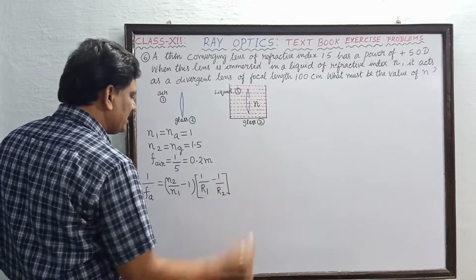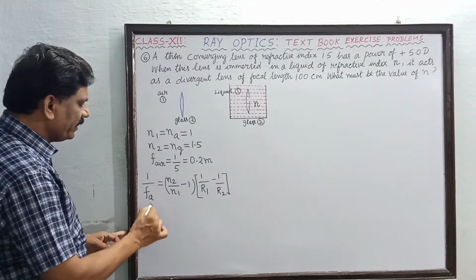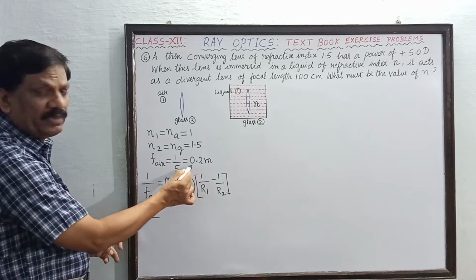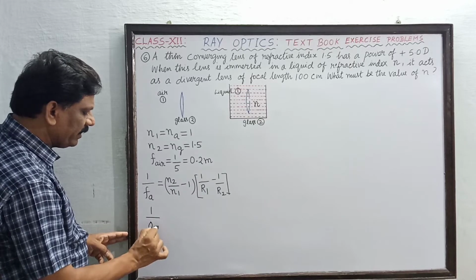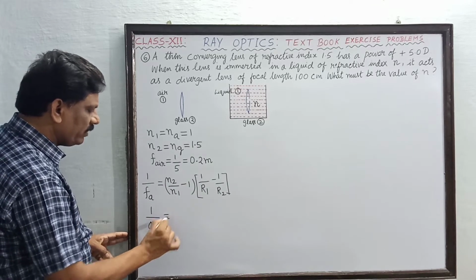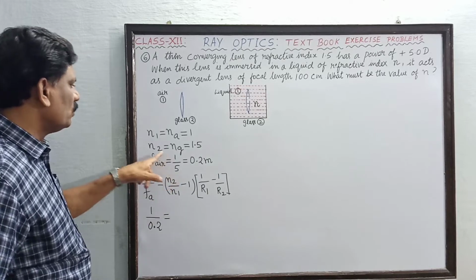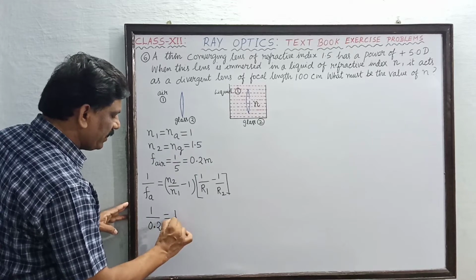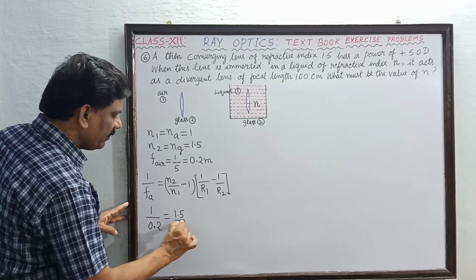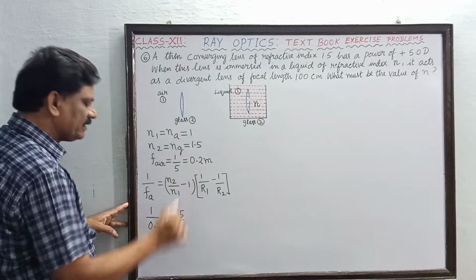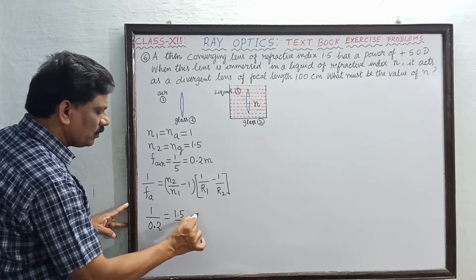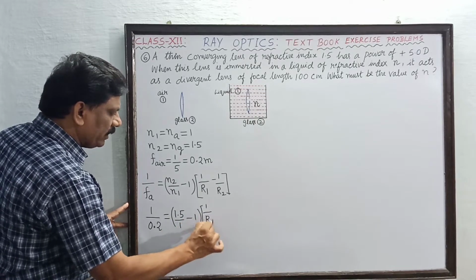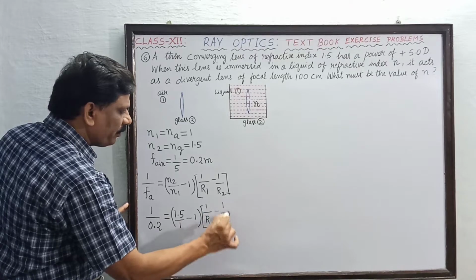So I am going to substitute. 1 divided by 0.2 is equal to, n2 is n glass, 1.5, divided by n1 which is n air, 1, minus 1, into 1 by R1 minus 1 by R2.